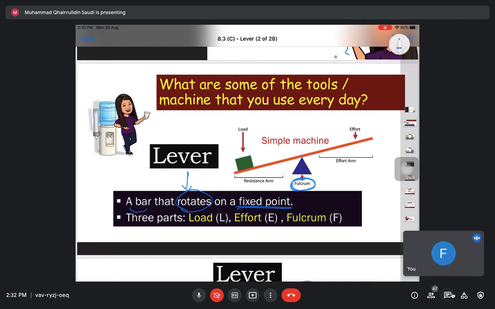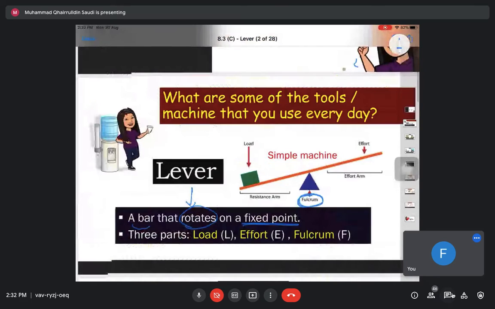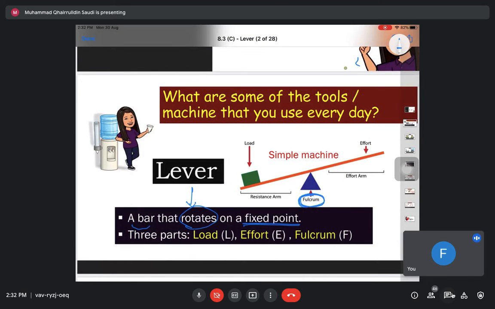Fulcrum is a fixed point on the lever. In a lever we have 3 different parts. The first one is fulcrum, next one is load or beban, and another one is effort or daya.